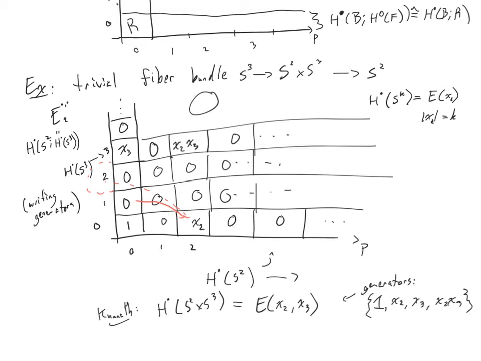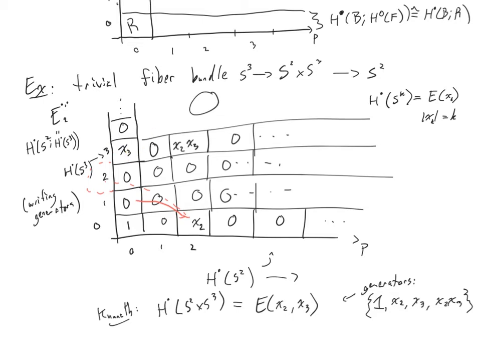And d_4 would come from here, d_5 here, and so on and so forth. So this guy has no non-zero differentials coming into it, and all of its differentials going out of it go down to where it's 0 also. So this guy here is a permanent cycle. It's always in the kernel and not in the image on every single page, both on the E_2 page and E_3, E_4, etc.